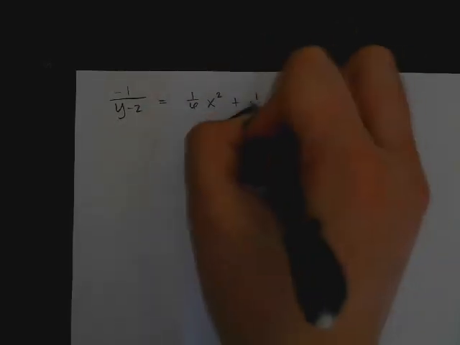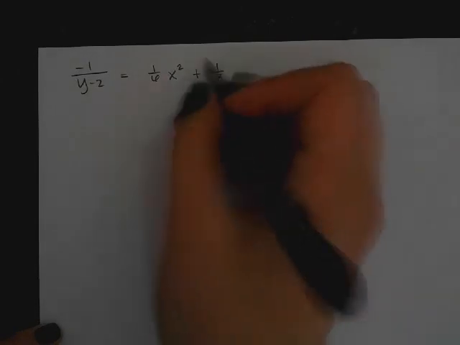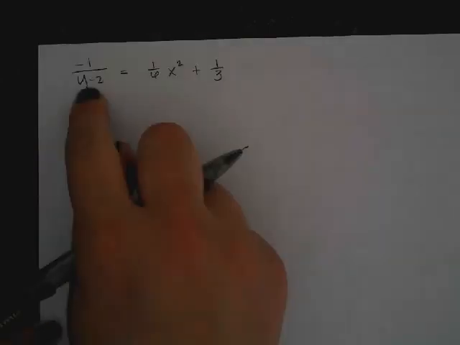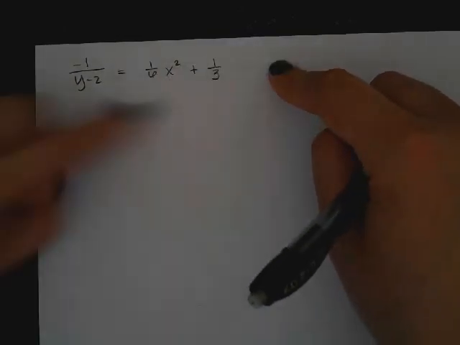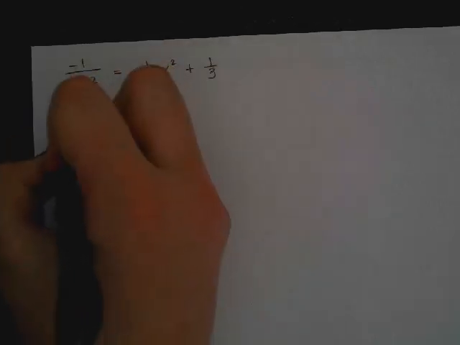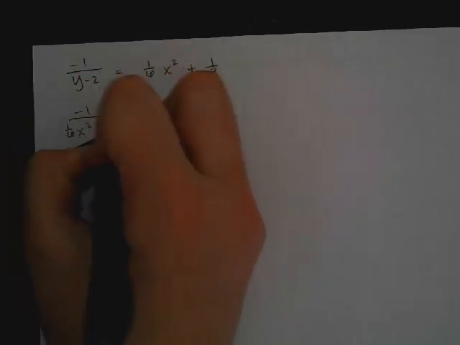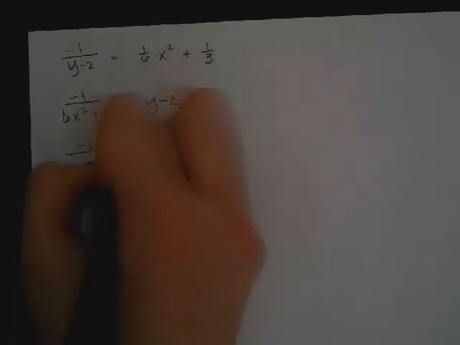So I have -1 over (y minus 2) equals 1/6 x squared plus 1/3, not 1/2, slightly different. But we can do the same thing here. So we'll picture taking that y minus 2 and multiplying it over here. I'm going to hold it there, take this, divide it back over. And so I've got -1 over (1/6 x squared plus 1/3) equals y minus 2. And then I can add the 2 over.